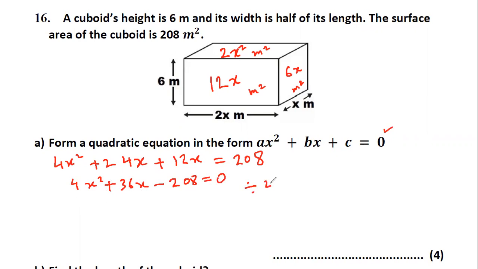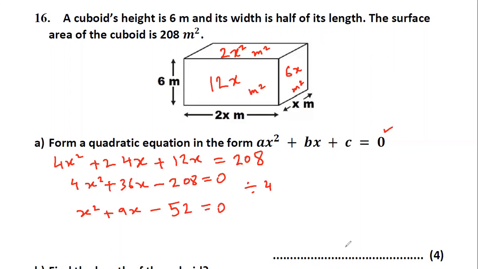Dividing the whole thing by 4 will give me x squared plus 9x minus 52, because 208 divided by 4 is 52, equals 0.